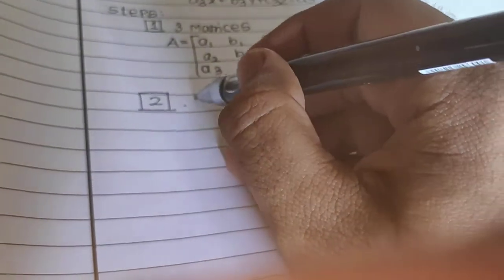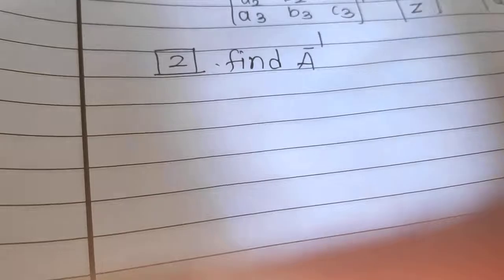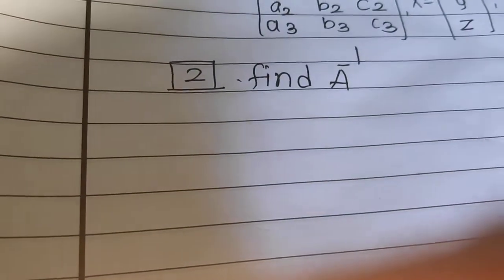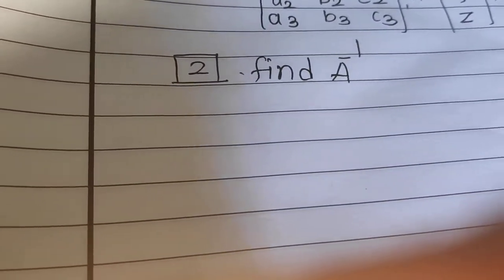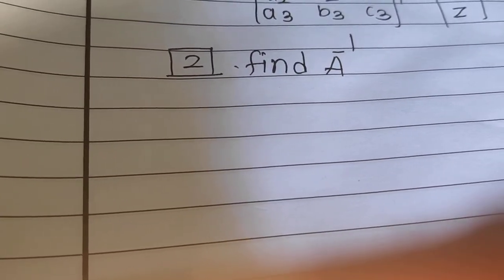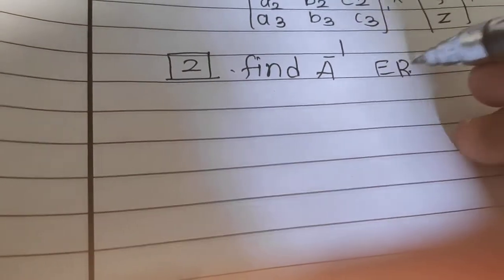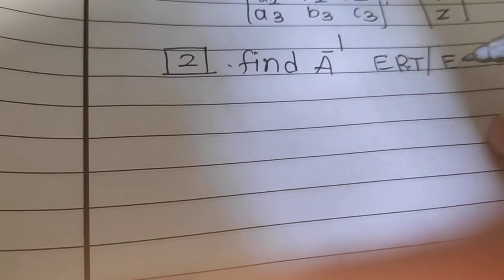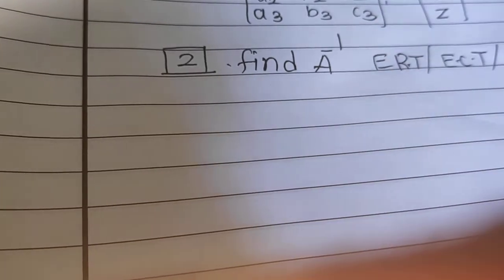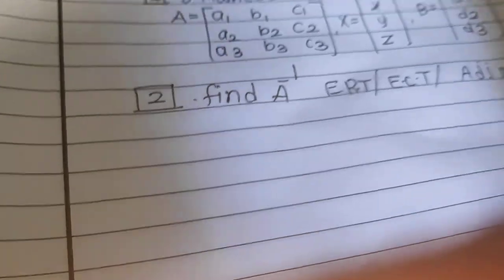Now after that, step number 2 is to find A inverse. Here you can find A inverse by whichever method you are comfortable with. The syllabus, in its limitation and scope, suggests ERT, elementary row transformation, then ECT, elementary column transformation, or the student-friendly adjoint method.